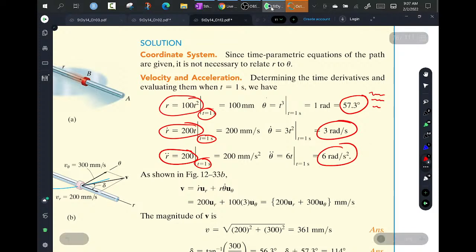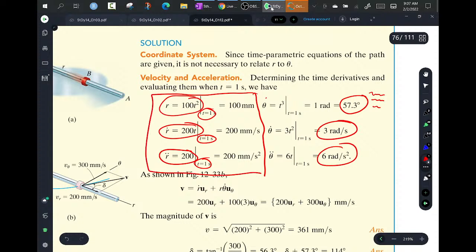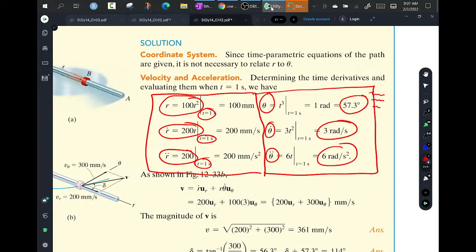Okay, so he should have put a box or something to separate those two. In other words, here's your R and here's your theta. So here's your 6 things you need. Kind of remove that dot there. You need your theta, theta dot, theta double dot, R, R dot, and R double dot.